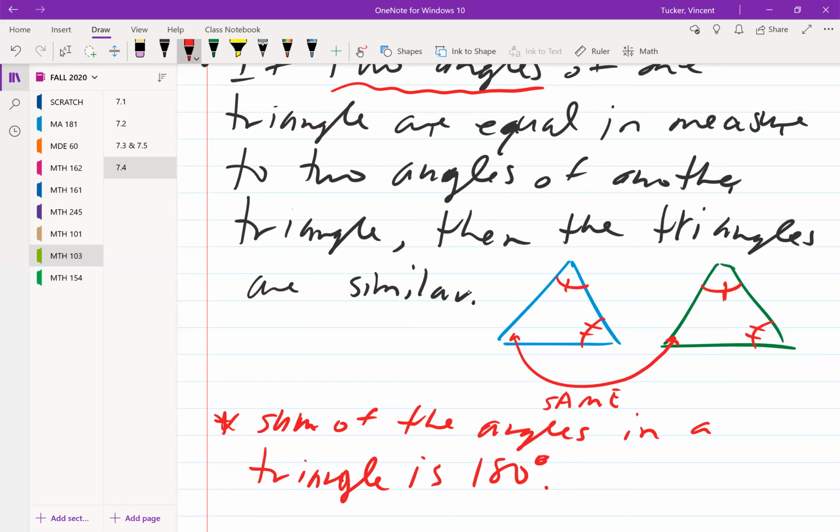So if you know one is 60 for both of them, and the other one is 20 for both of them, then that means the third angle for both of them would have to be 100 degrees. All right, so what they're telling you is that you at least need two angles to be the same in order for you to know that you have similar triangles.